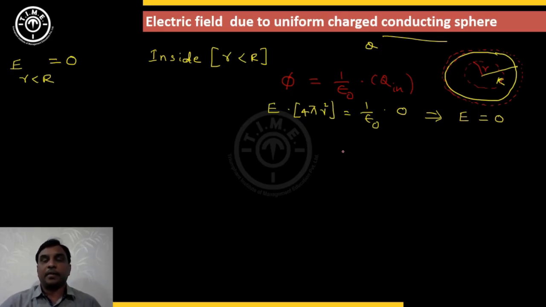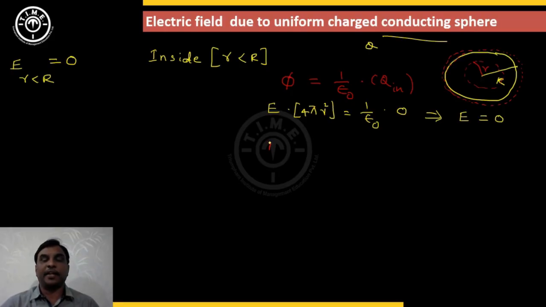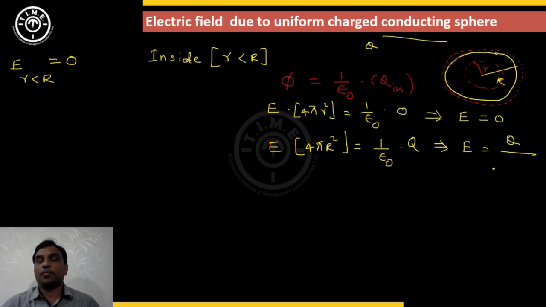Then I can write the same formula: electric field E on the surface times surface area 4 pi r square is equal to 1 by epsilon naught times the total charge inside the sphere, which is capital Q. If you simplify this, you get E is equal to Q by 4 pi epsilon naught r square.